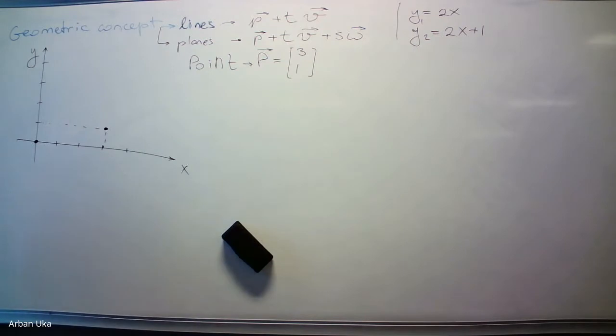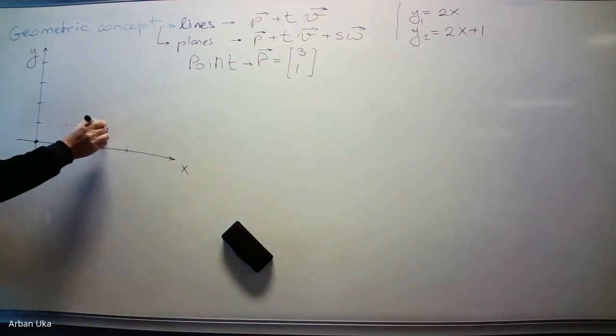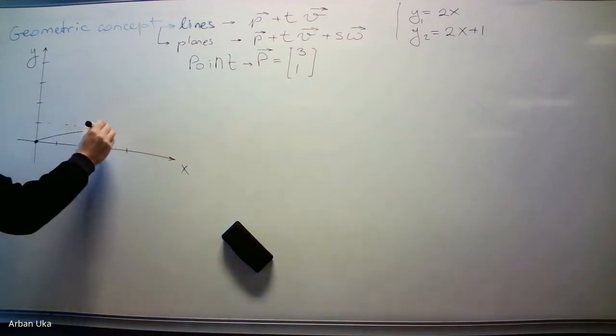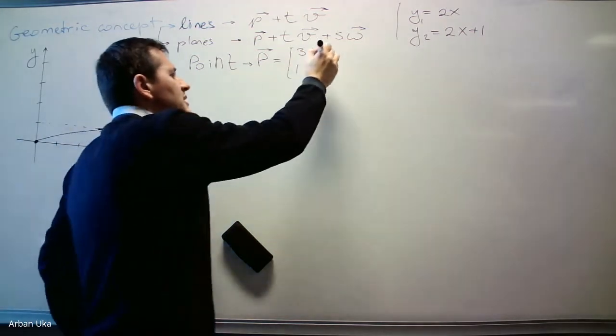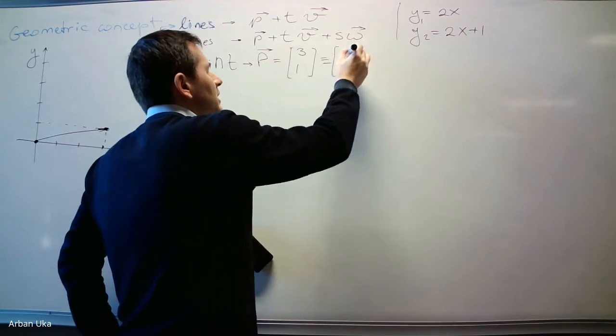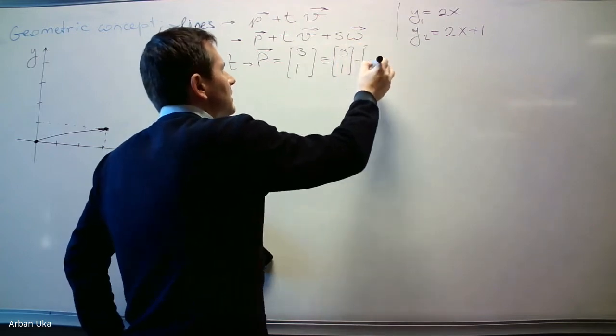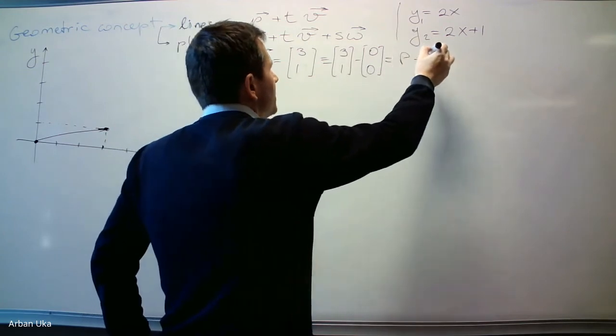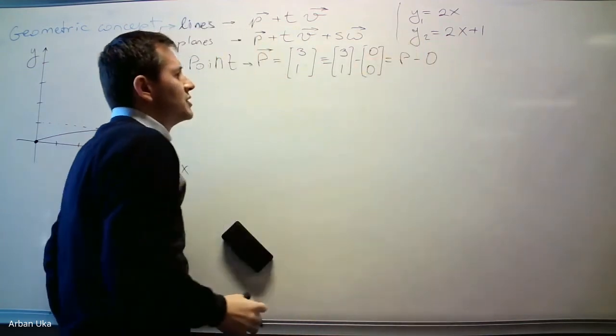In fact, point P is just a point, but if we want to denote this as a vector, in principle, this is a vector with respect to 0, 0. It is a vector which is going to point like this, and by the way, this is defined as 3, 1 minus 0, 0, which means we have point P minus point O. Let's call it the origin.